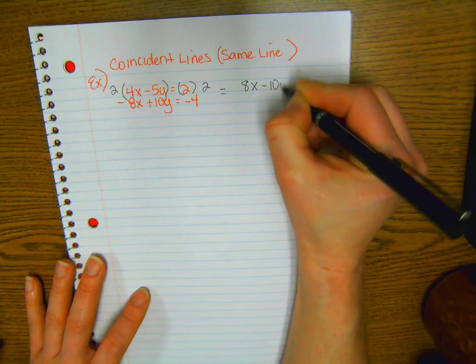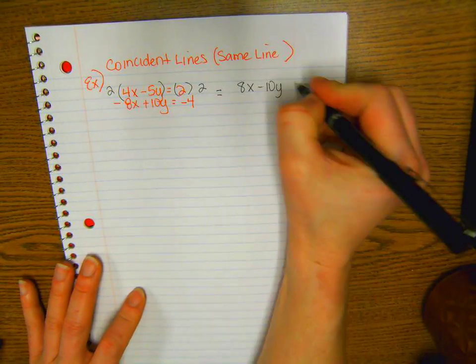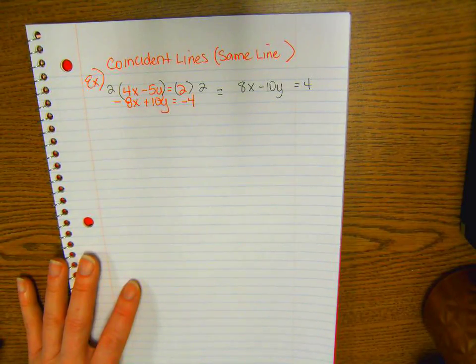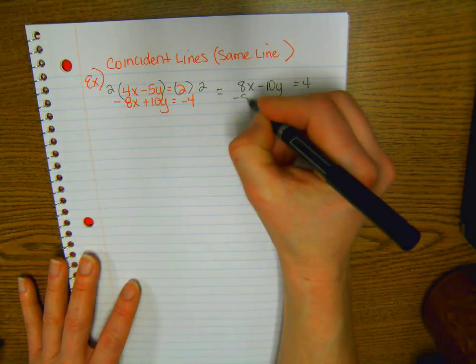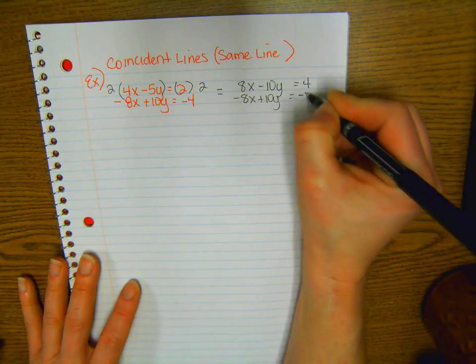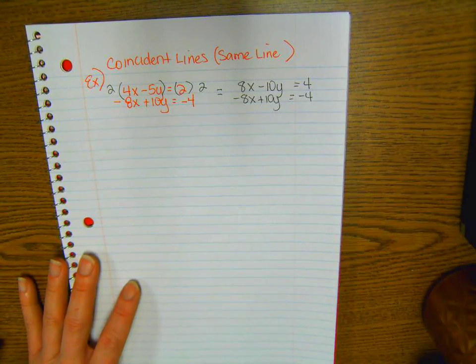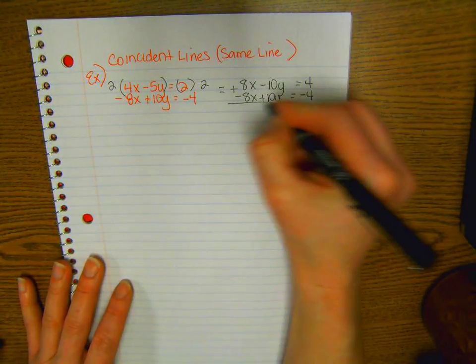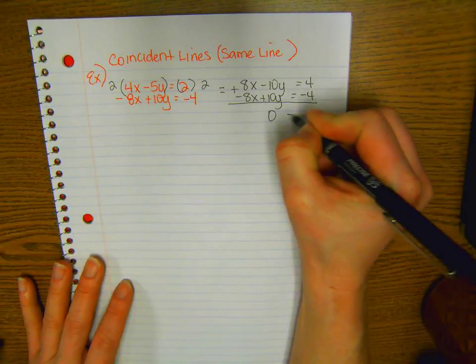So we get 8x minus 10y equals 4. And then negative 8x plus 10y equals negative 4. And you add them. Oh, and we get this familiar thing here, but this time I get 0 equals 0.